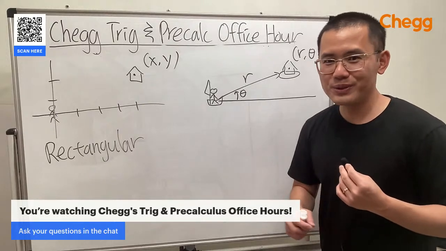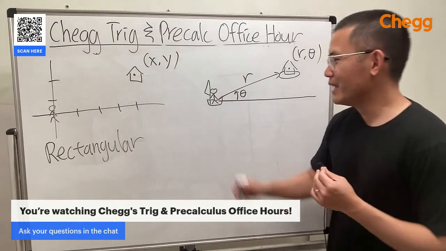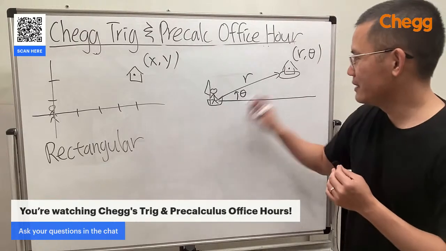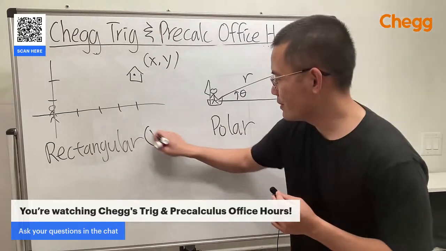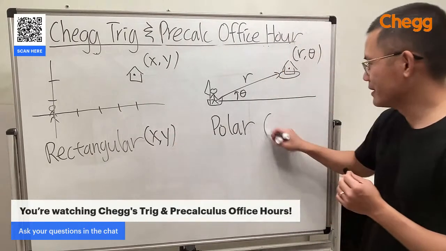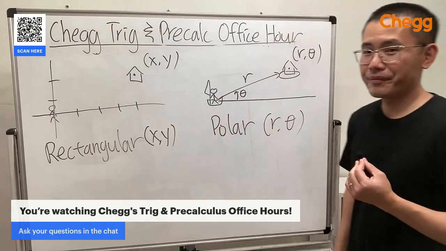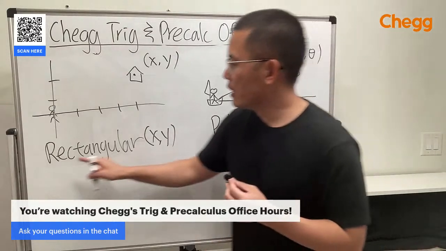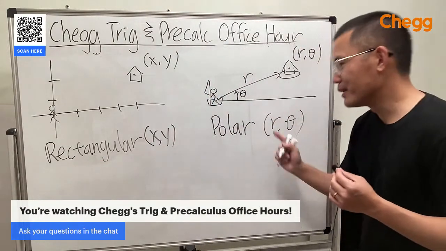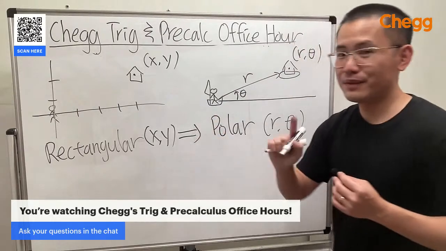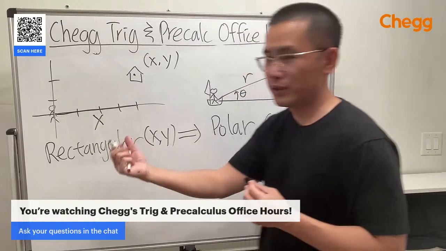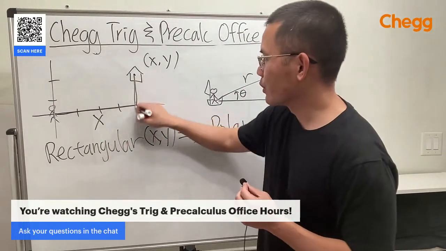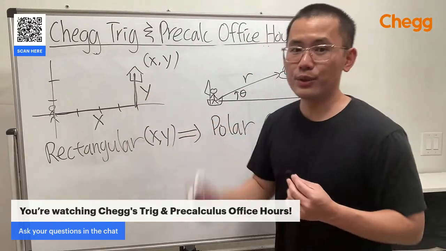Now, I just want to show you the conversion formula real quick. This is rectangular, and this is polar. So rectangular is x, y, and then polar is r, theta. Now, how do we go from rectangular to polar? Have a look. Right here, we know the x, which is the horizontal distance, and then we also know the y, which is the vertical distance.